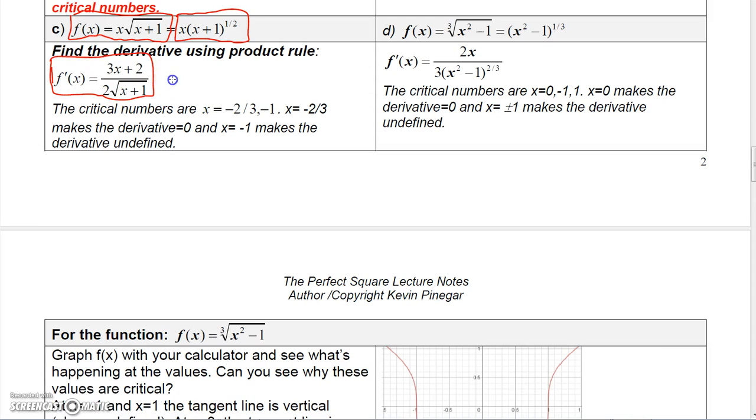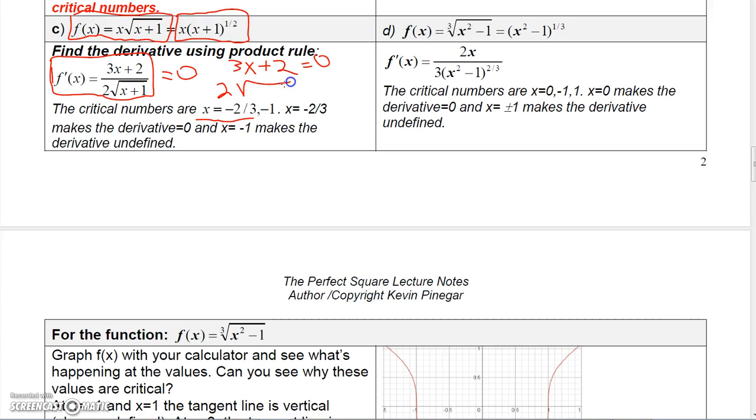Now, when I get this, I set it equal to 0. The only way that this can be 0 is if 3x plus 2 equals 0. So if you set 3x plus 2 equal to 0, that's the numerator, and you solve that, you'll get x equal negative 2/3. Now the only way it can be undefined is if the denominator can be 0.